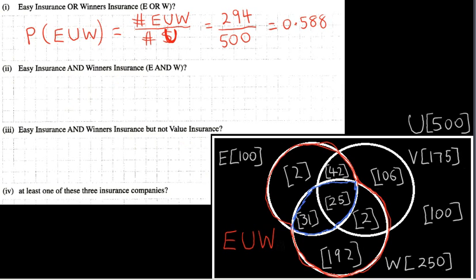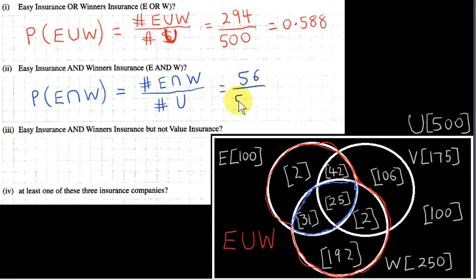So we want the probability of E intersecting W. That's the event we're interested in, shown here in blue. So we want the number of elements in it divided by the number of elements in U. Well, we have 31 plus 25, that's 56 elements divided by 500.